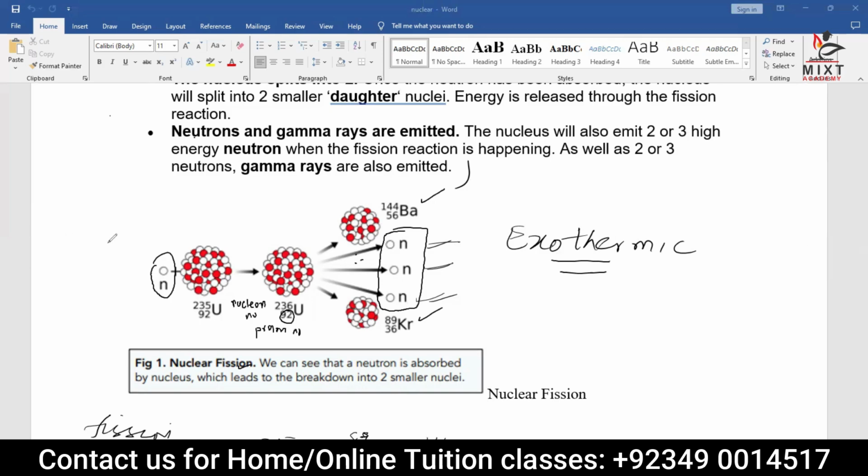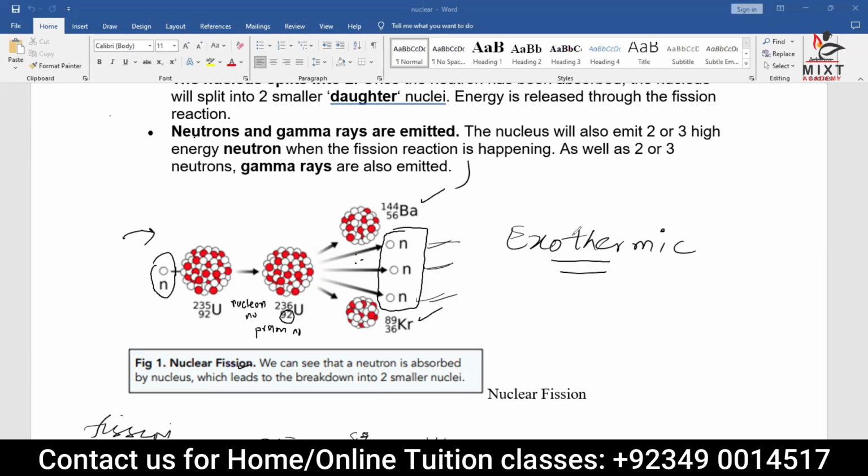The important thing is that input energy will be less than the output energy, or you can say the energy released as an output during this reaction will be more than the energy given to this reaction. If this is the case, that type of reaction is called exothermic. So what is an exothermic reaction? Yes. One in which the output energy released is more than the input energy given.